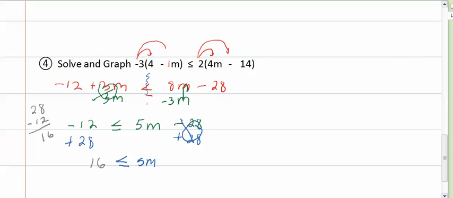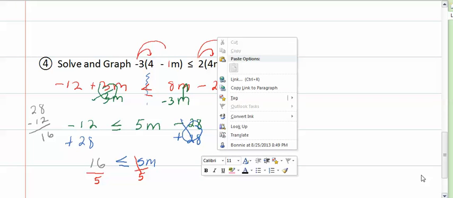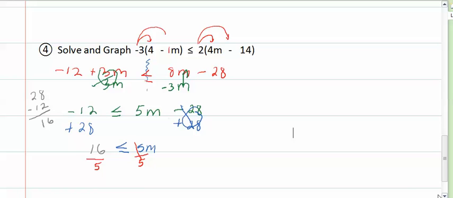Okay, the last step, I'm going to divide both sides by 5 to get a 1, because this is my larger than charge 1. Okay, so now I have an m over here. I keep the sign because I divide it by a positive, not a negative.